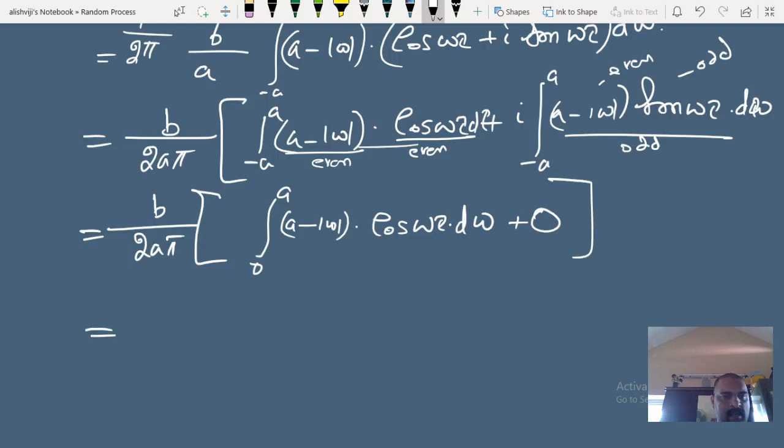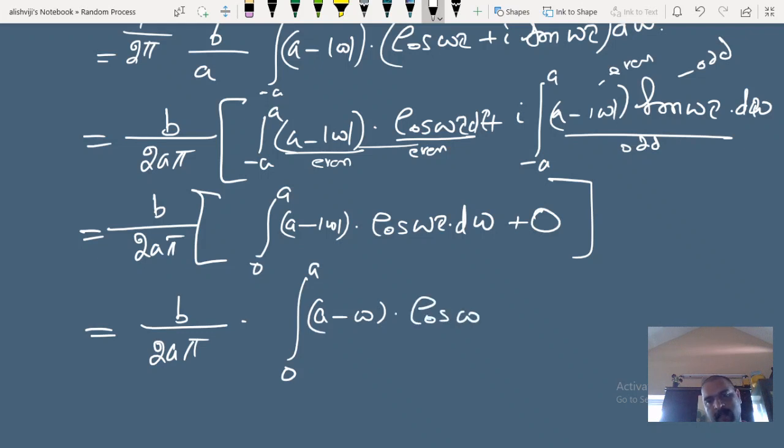This becomes b by 2a pi into the integral from 0 to a. From 0 to a, the value of omega is always positive, so we can write it as (a minus omega) into cos omega tau d omega.